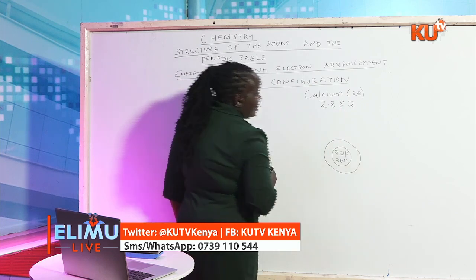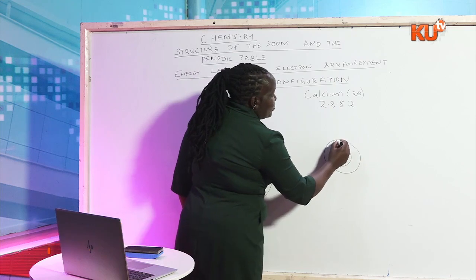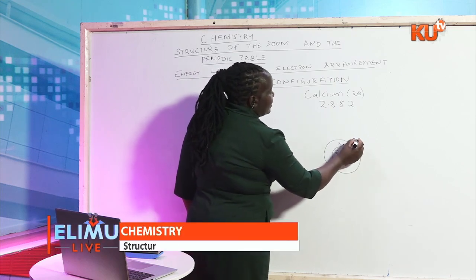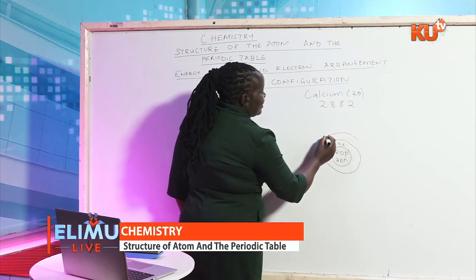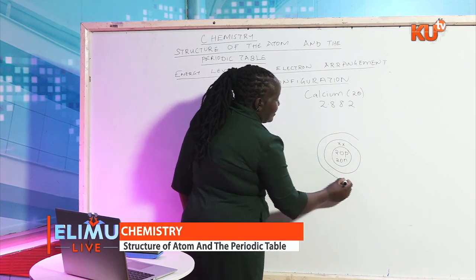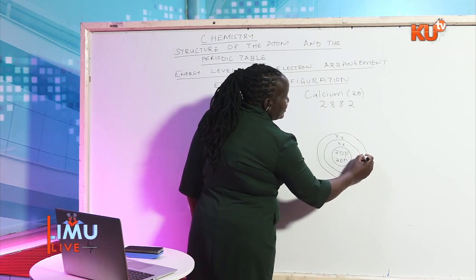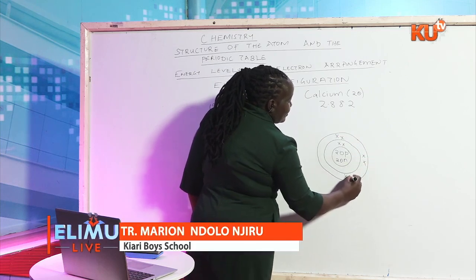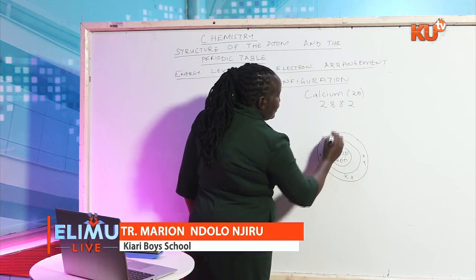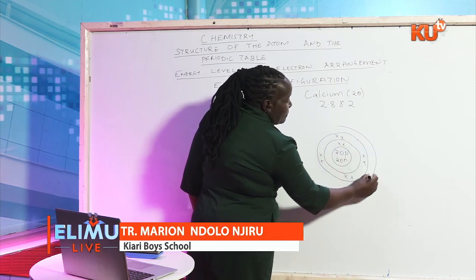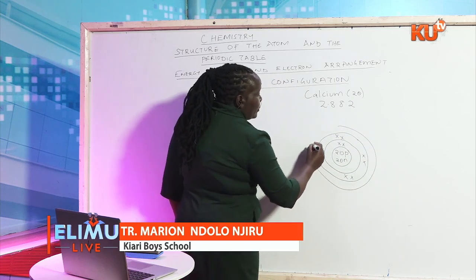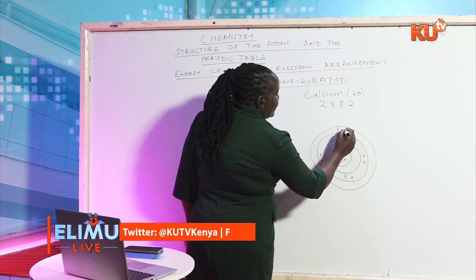So we have the first there with 2 electrons. The second one, 8. And the third one with a maximum also, 8.